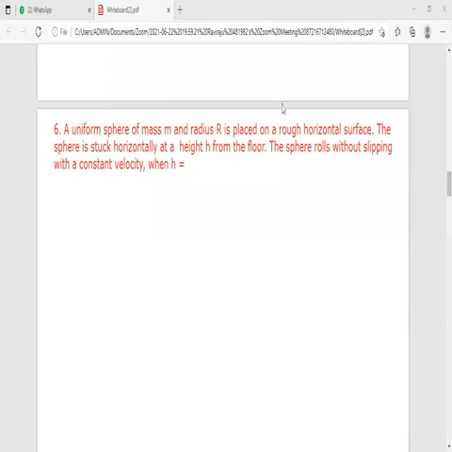Then I will take the diagram for the given question. A sphere is taken here on a rough horizontal surface, where the radius of the sphere is capital R only.